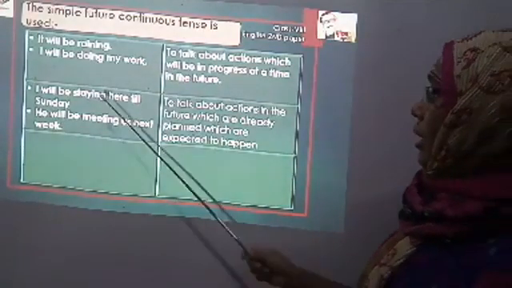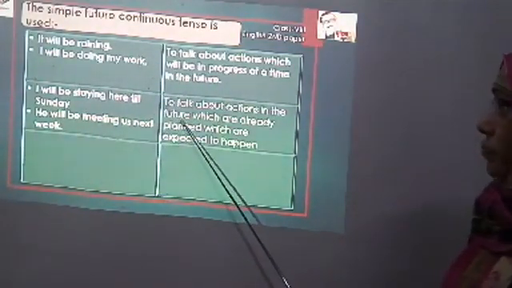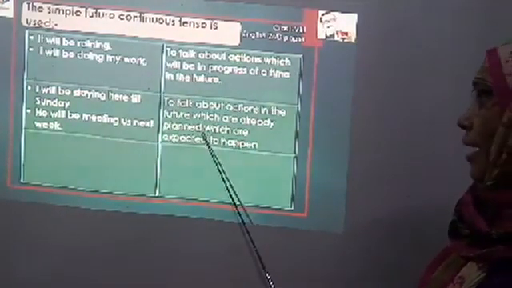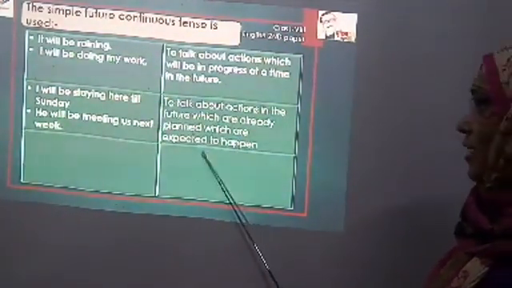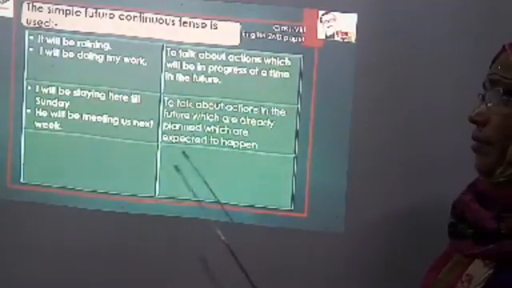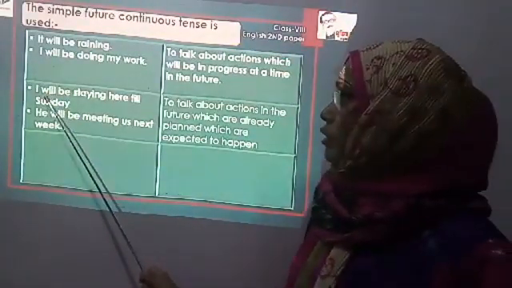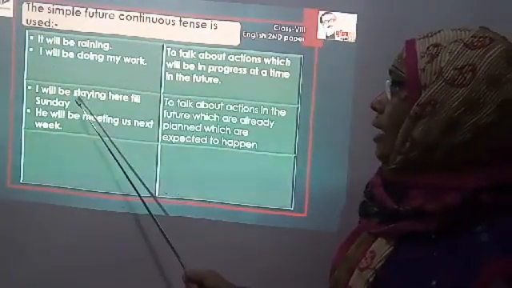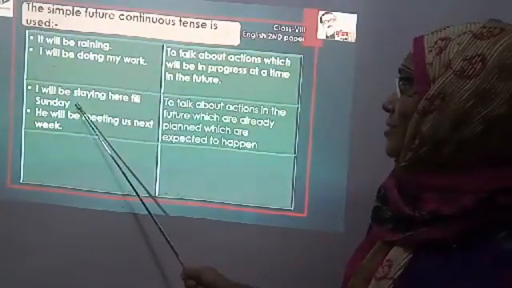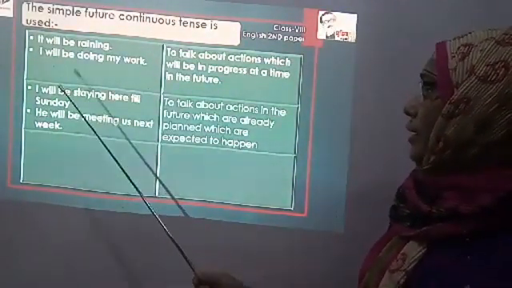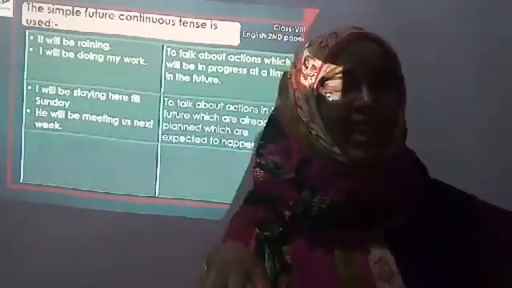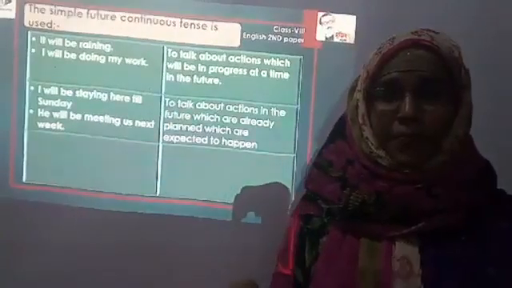And if we talk about actions in the future which are already planned, which are expected to happen, that will also be used in future continuous form. I will be staying here till Sunday. That means I have a plan and it is expected to happen.